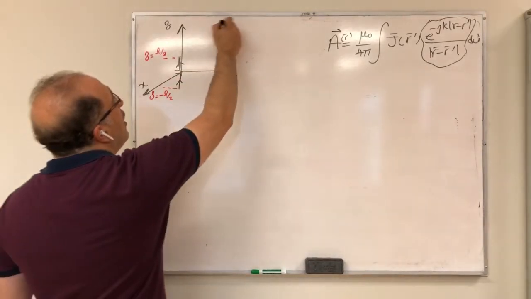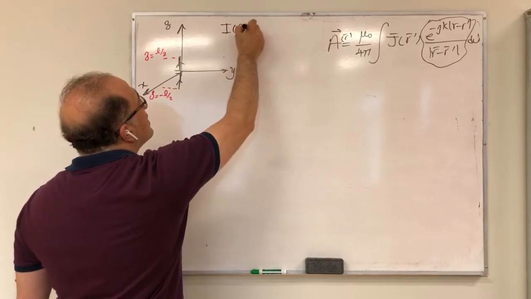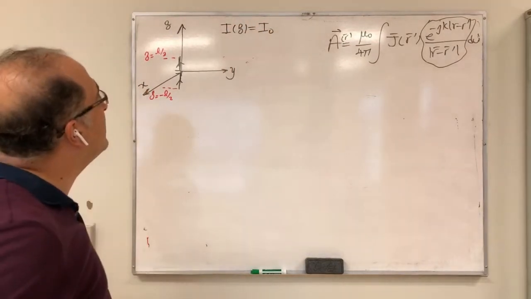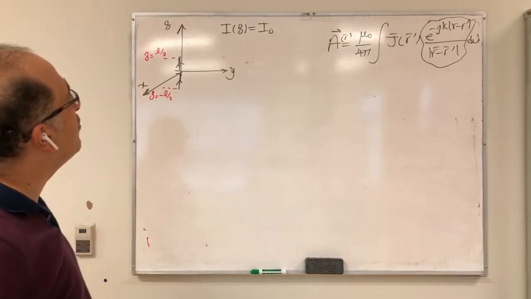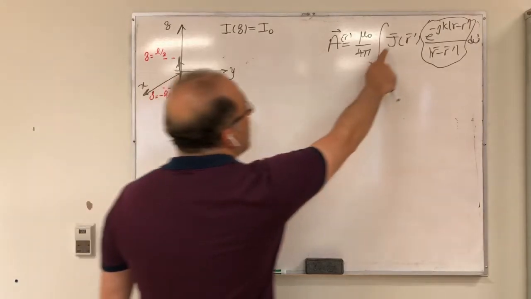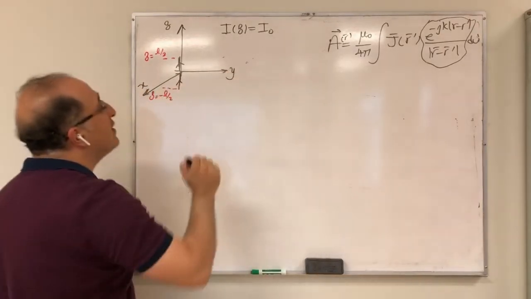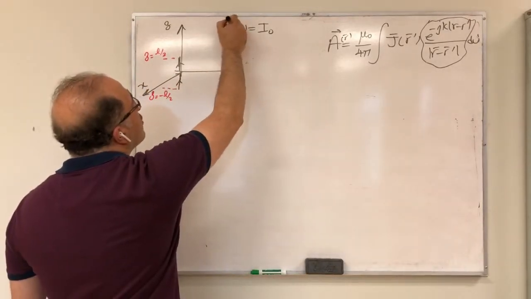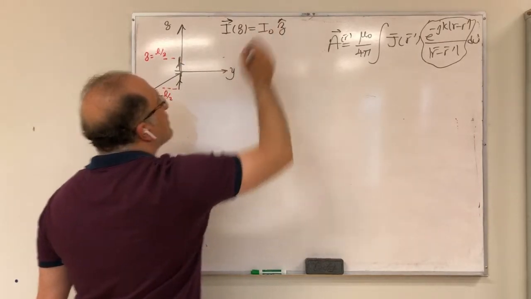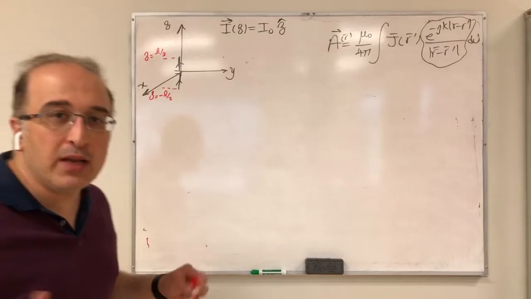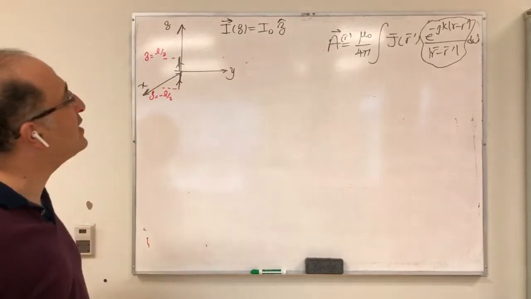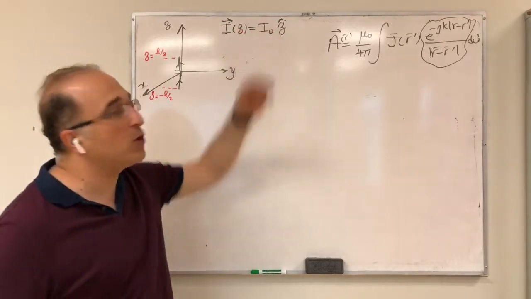So I as a function of z is I naught, and this is my phasor that I discussed earlier. So this is my current. And if we are considering current as a vector, I can have a vector sign here, and the direction of current is z hat. You might say, okay Puyan, you mentioned that the current could also be in the minus z hat direction. Why does this only show z hat?